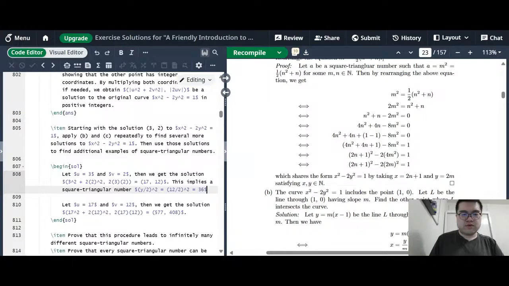Okay, and we actually can check that this is also a triangular number. Because if we substitute the x value and then throw it back into our formula of triangular numbers, we actually will get the same results.